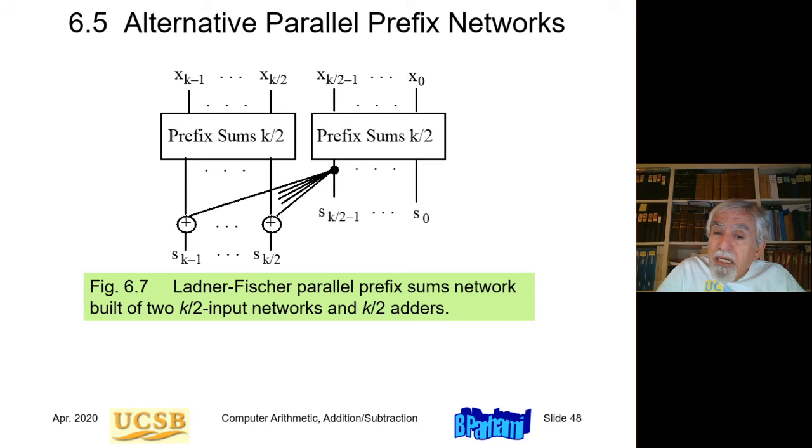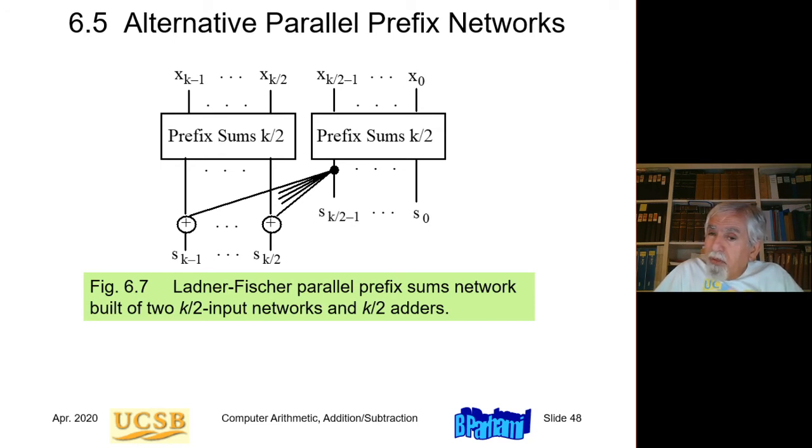So this first design is due to Ladner and Fischer. They were parallel processing researchers. It's known as the Ladner-Fischer network. It says to compute the parallel prefix sums for k numbers, let's say k is even, compute prefix sums for the lower half of the numbers, x0 through x(k/2 - 1), and for the upper half, and then add the sum of all numbers in the lower half to each of the prefix sums for the upper half.